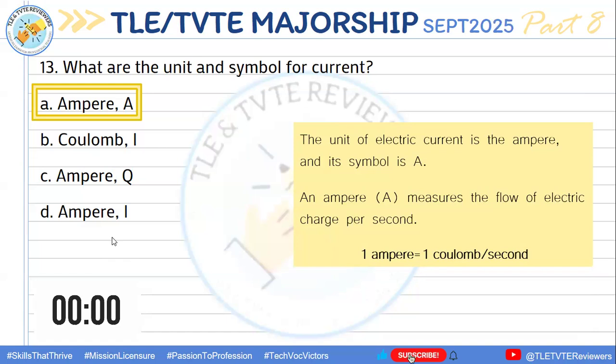And letter D, ampere, that's letter I. So partially correct because I is the symbol for current that's used in equations, but the question asks for the unit and symbol. So the correct unit and symbol is A, not I. So answer letter A, ampere, A.